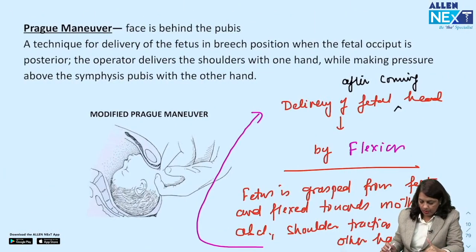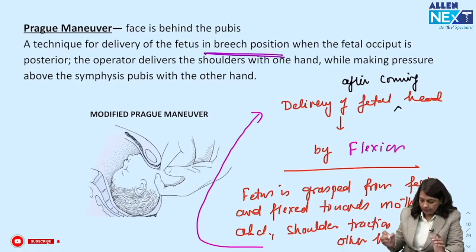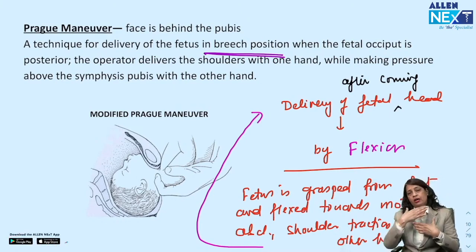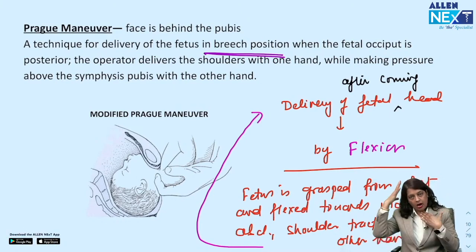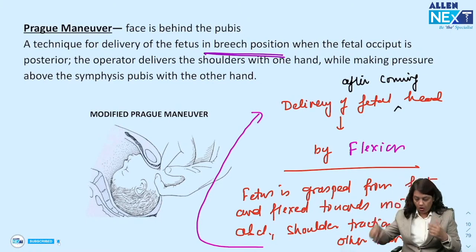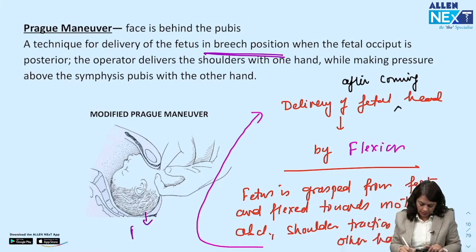Now Prague's maneuver. Prague's maneuver was done for breech. In this case, the breech baby is delivered till the neck. Now the after-coming head of the breech has to be delivered, where the occiput is placed posteriorly.